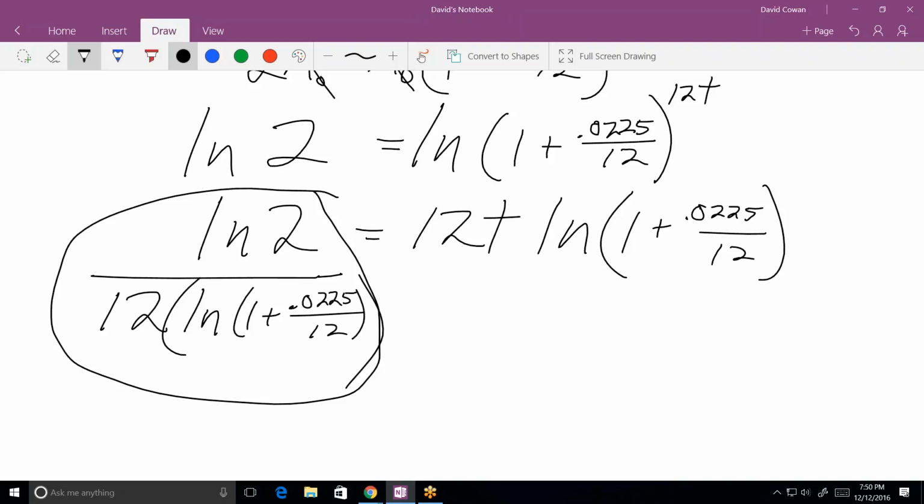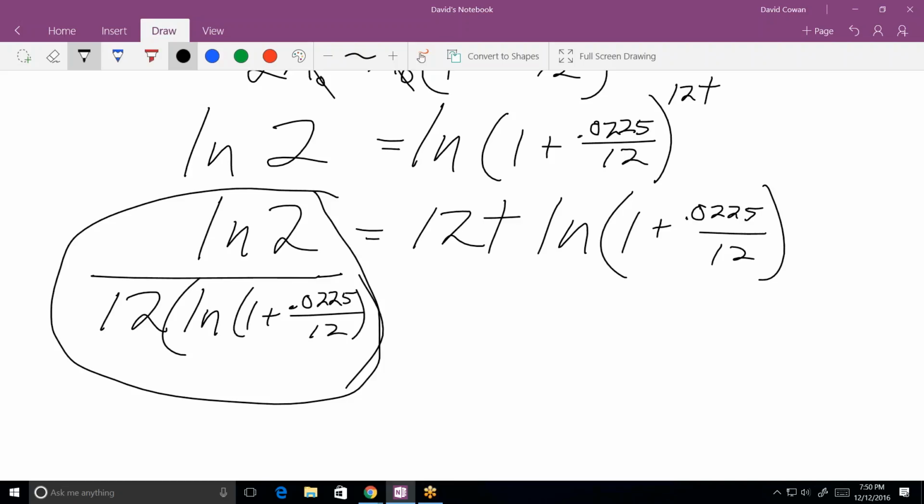The reason it's in years is because they gave you the interest rate on a yearly basis. Even though it's compounded monthly, t is not in months. t is in years in this problem. t doesn't have to be in years. With a lot of decay equations, t is in days or weeks or minutes or seconds or years.